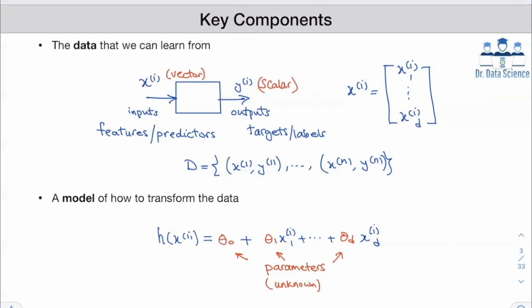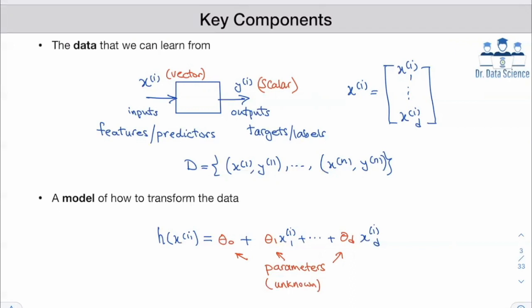On the other hand, for inputs, we typically have several features or predictors. For example, we may have the square footage of houses, safety scores, public education scores, and so on. Therefore, inputs are arrays of numbers, or mathematically speaking, vectors.